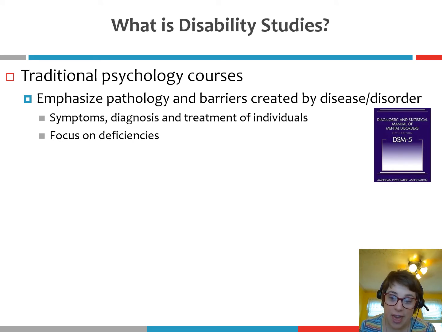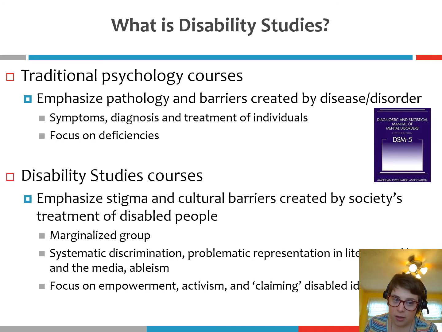And certainly that allows us to come up with effective interventions for both psychological disorders and other kinds of disease, right? But disability studies operates from a different level of analysis, right?